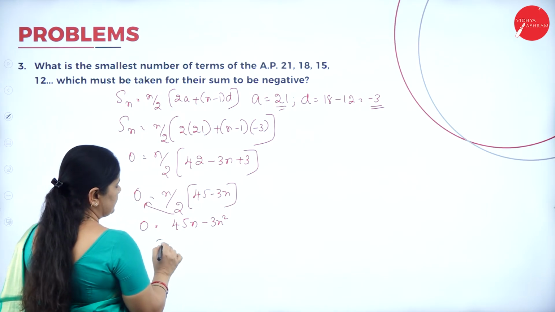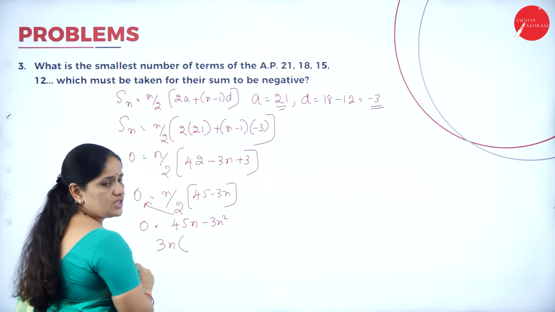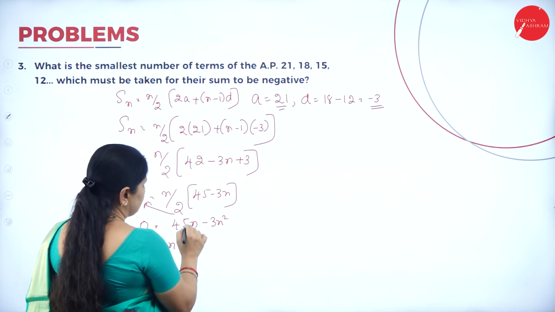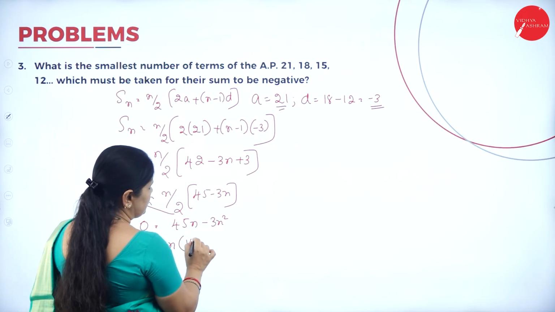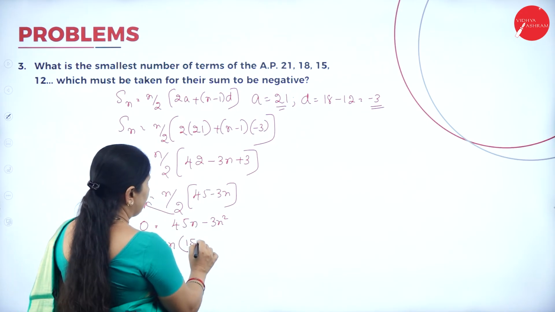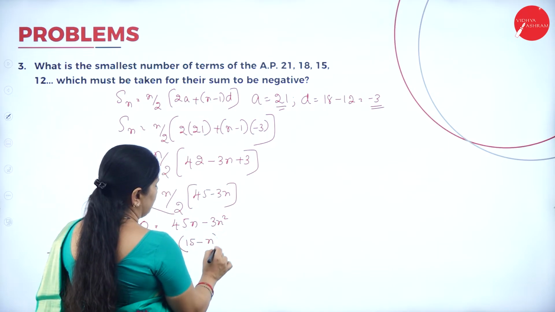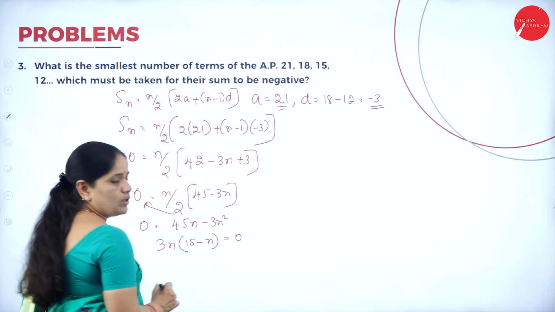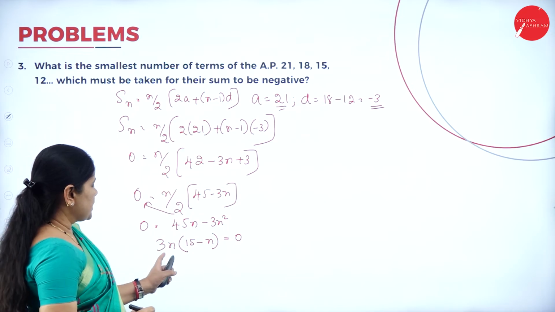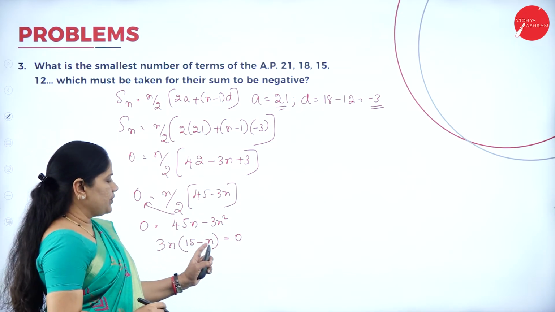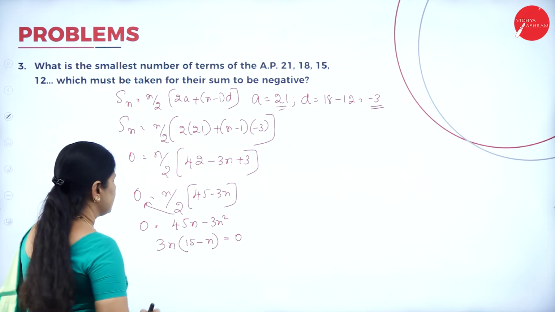Now I take 3n common. So 3n is common. 3 into 15 equals 45n minus n equals 0. Now I get this equation as 3n into 15 minus n equals 0.